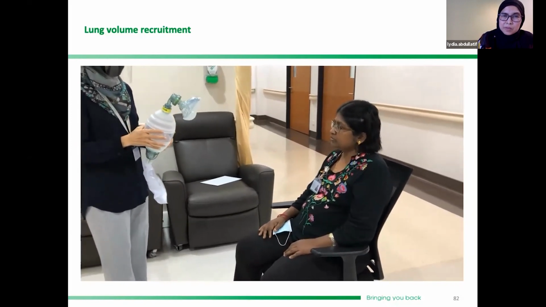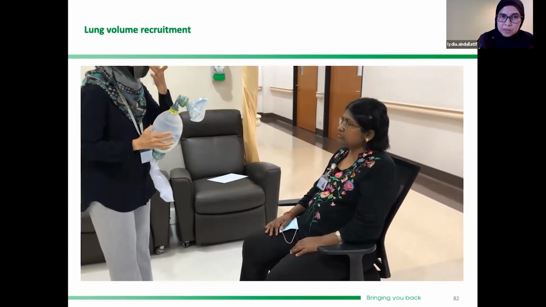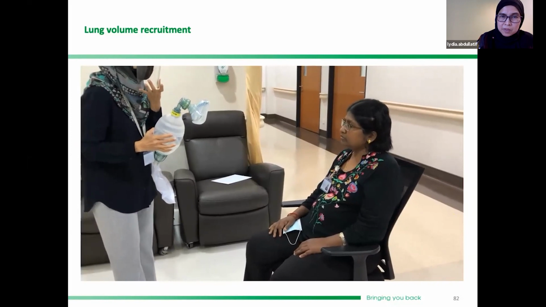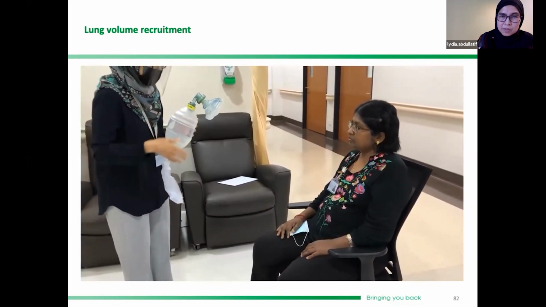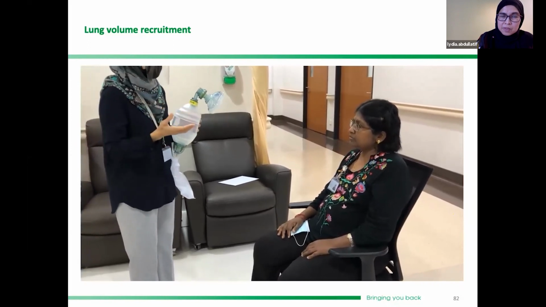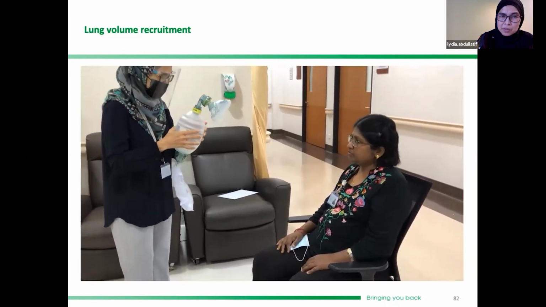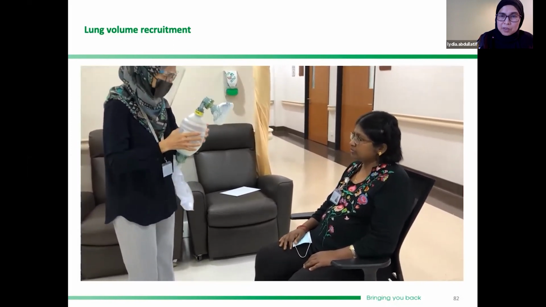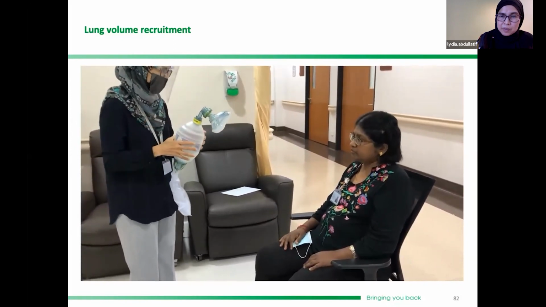So what we tell you to do is first you put on this face mask and have a good seal with your mouth, because sometimes you're not able to seal it well. You take a deep breath, alright? And then you try to introduce the air by pressing on this empty bag, okay, to give you more volume in the lungs.